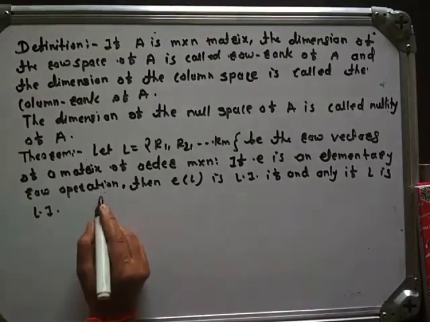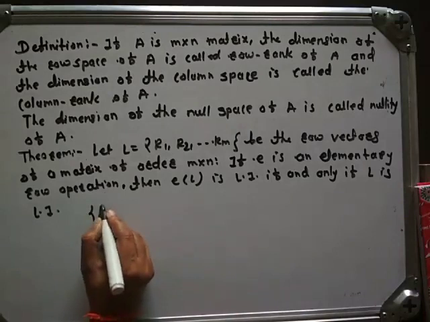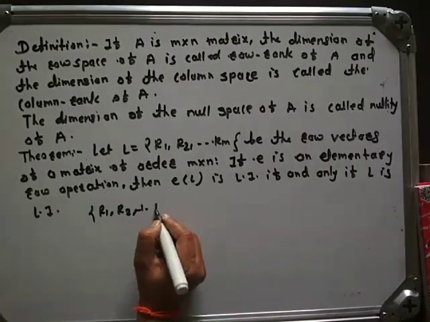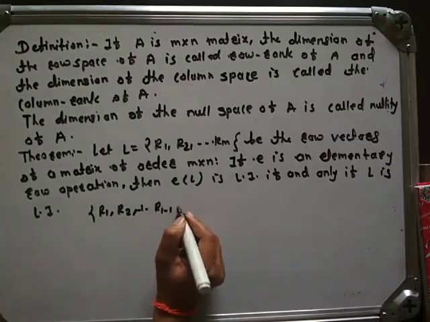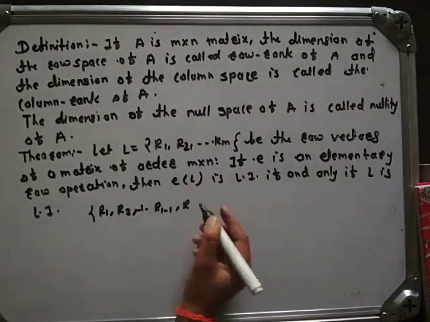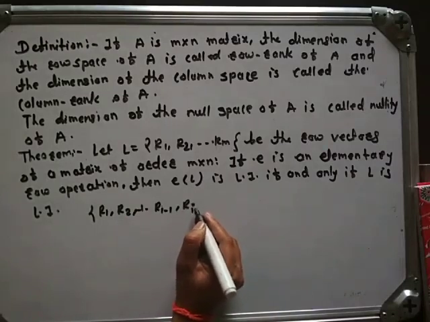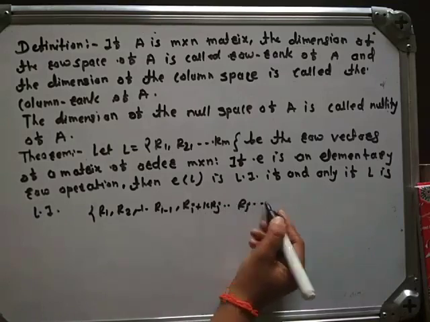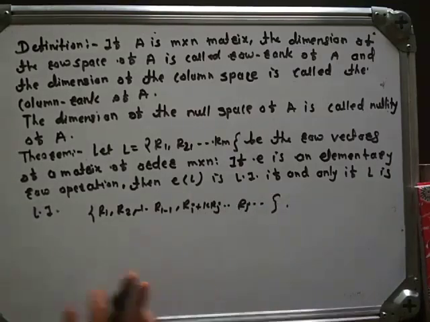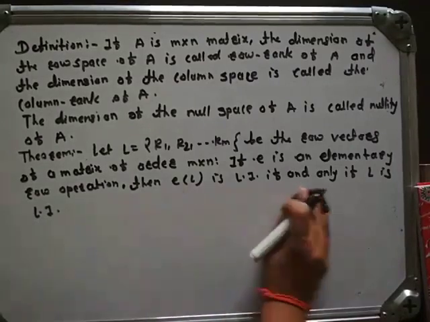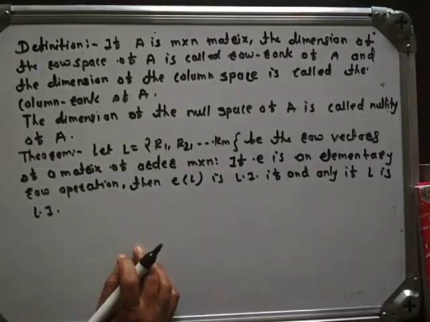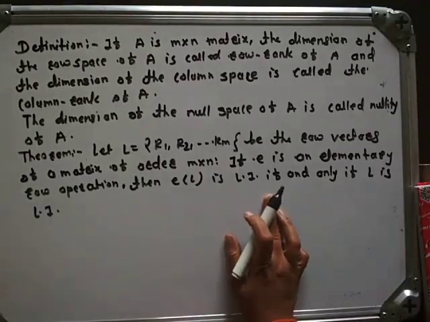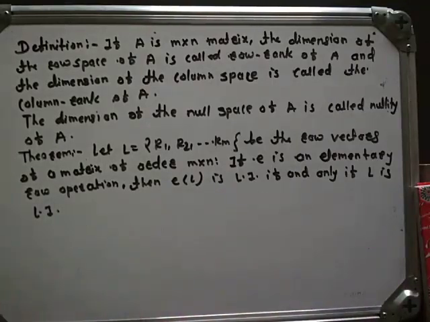Suppose you keep R1, R2 and so on up to Rn minus 1 as they are, but perform some row operation on Ri, like Ri plus k times Rj, and so on. Then E of L is linearly independent if and only if L is linearly independent.